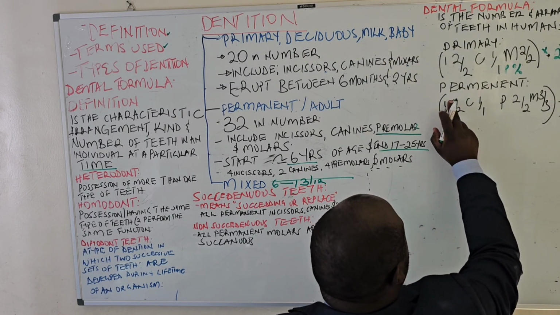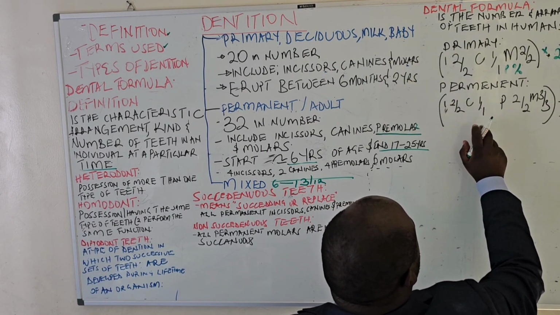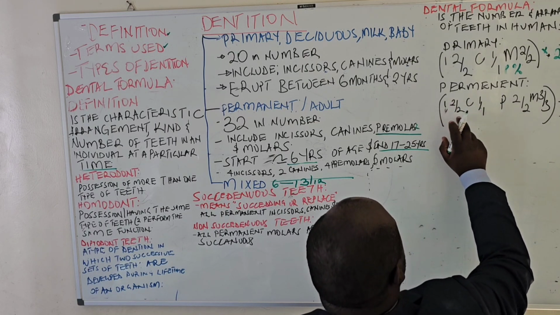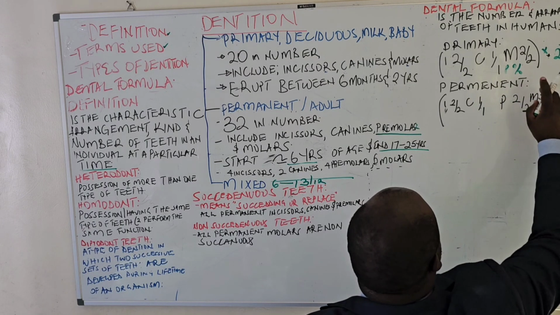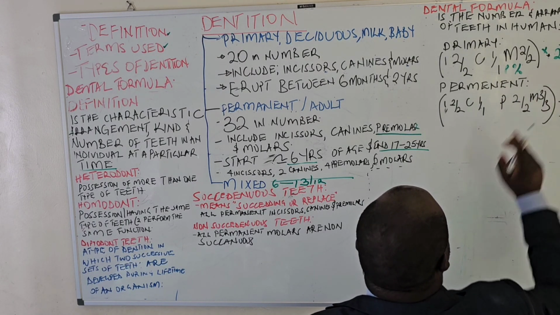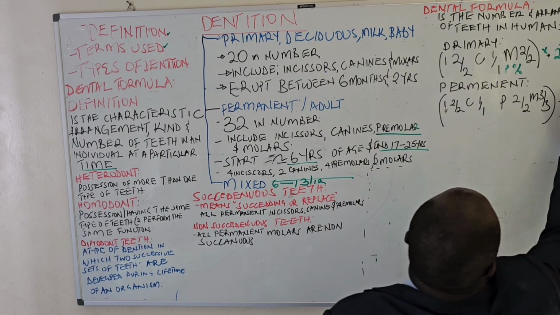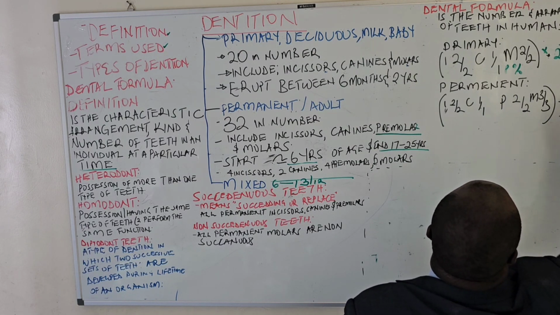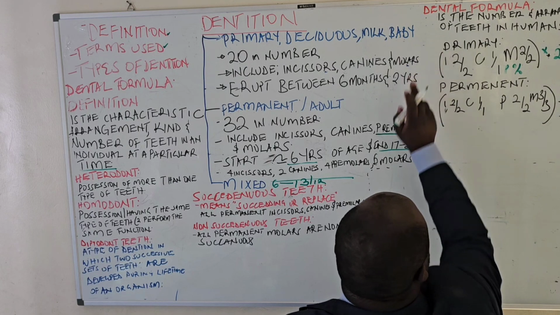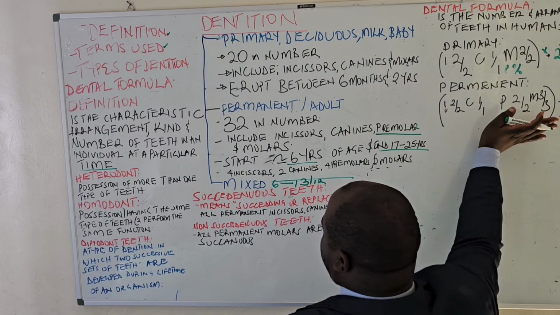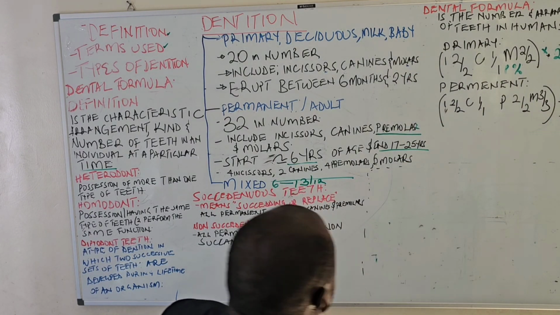These ones, how many? 2, 4, 5, 6, 7, 8, 9, 10, 11, 12, 13, 14, 15, 16. 16 times 2 are 32 teeth. So this is the dental formula for primary teeth, and this is the dental formula for permanent teeth. Thank you so much.